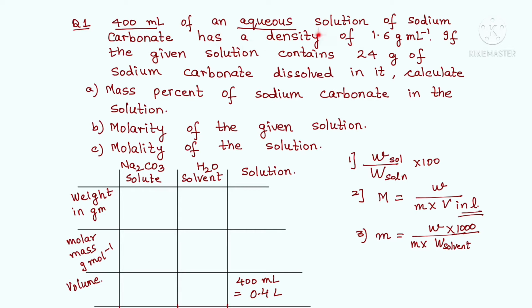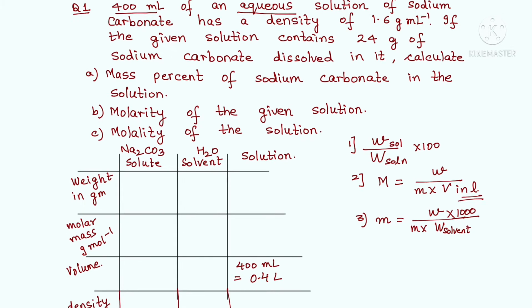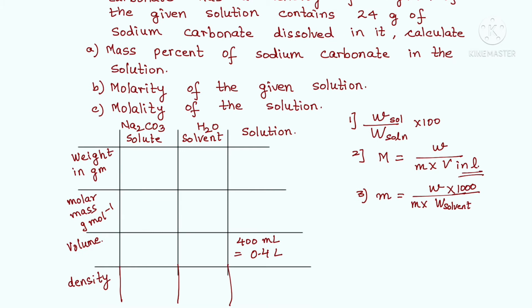The solution has a density of 1.6 gram per milliliter. Oh, that's interesting, right? I've got the volume of this solution, I've got the density of this solution. That means if need be, I can easily calculate the mass of the solution. How do we calculate mass?